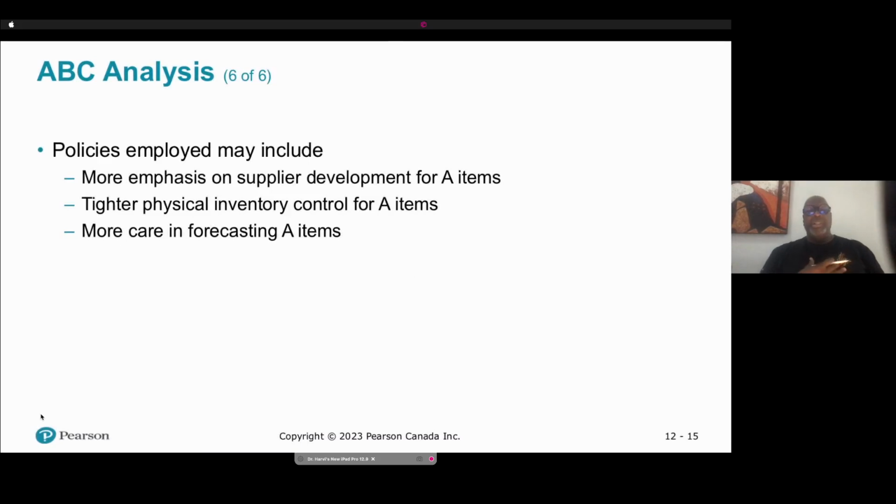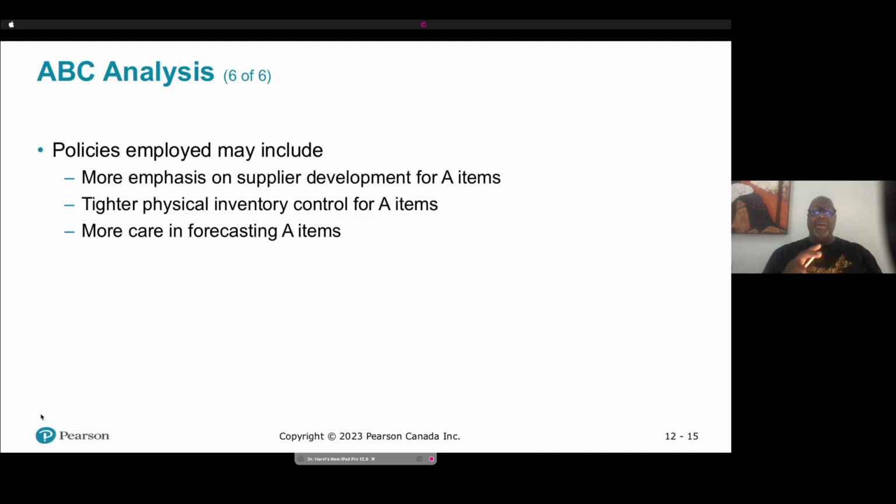So what are some of the policies that you may employ when you are looking at ABC analysis in terms of the classification of the inventory based on the level of importance? Place more emphasis on supplier development for A items. So if the A items you've classified are critical, then of course build a really good relationship with your suppliers.